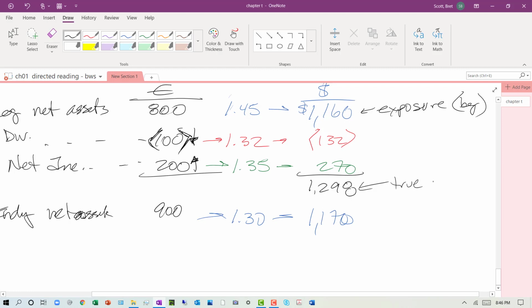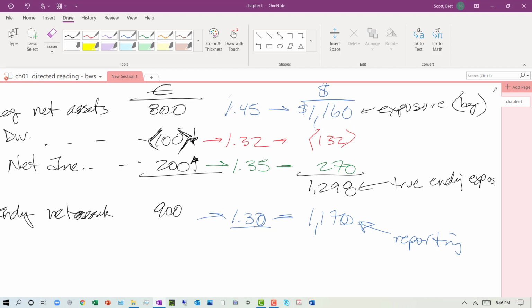I would look at that and call that true ending exposure. But what I'm reporting is based off the current rate. I'm using a blanket rate of 1.30. It was 1.45, then it went to 1.30. So what do I need to bring this down to 1170?